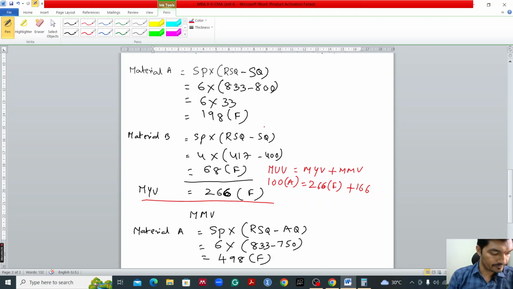Actually we get these negative values. MYV is in negative, adverse, and 260 is adverse value, 166 is favorable value. Hence, the MUV is verified.